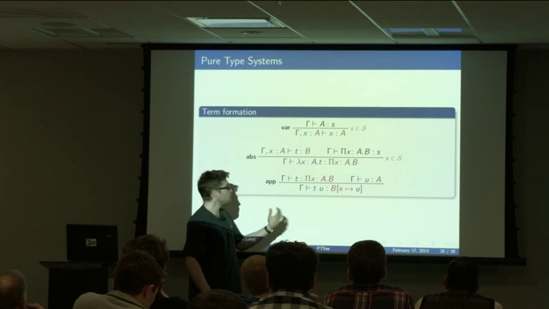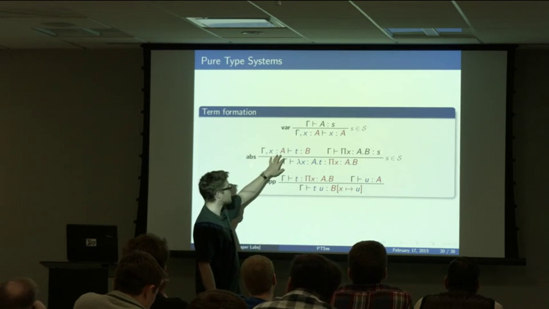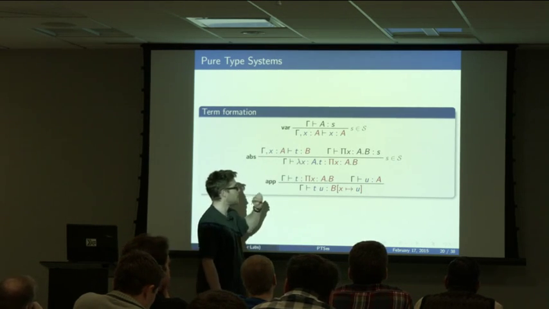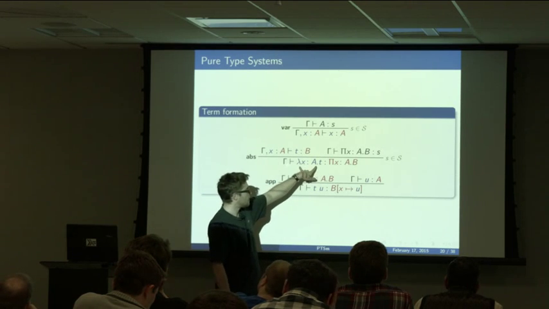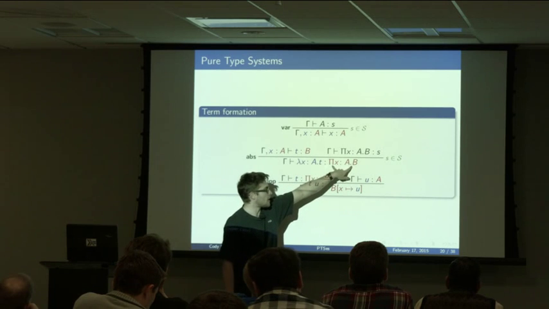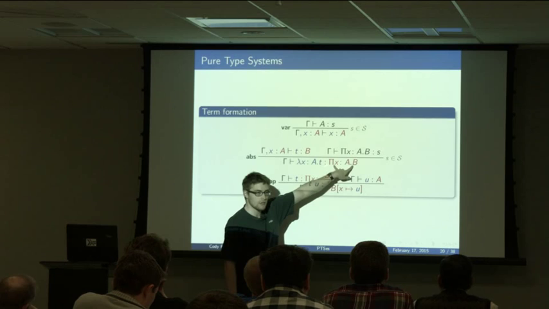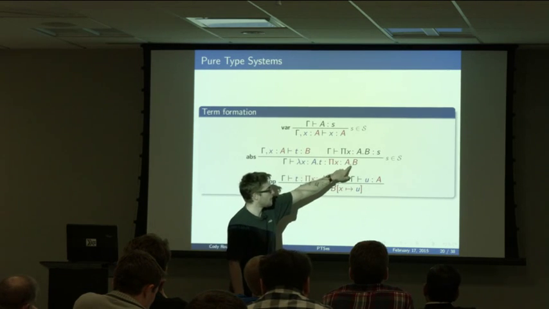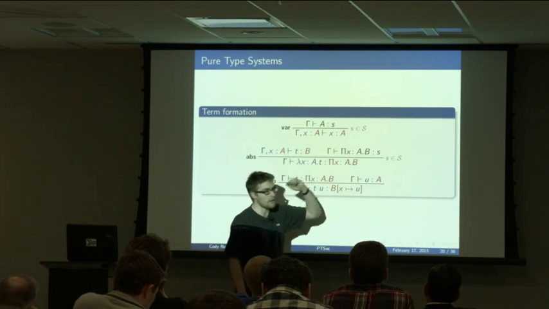So if under the assumption X is of type A, T is of type B, then the lambda X of type A, T, is a program of type pi x in A, B. So this looks like A arrow B, but B may depend on X.